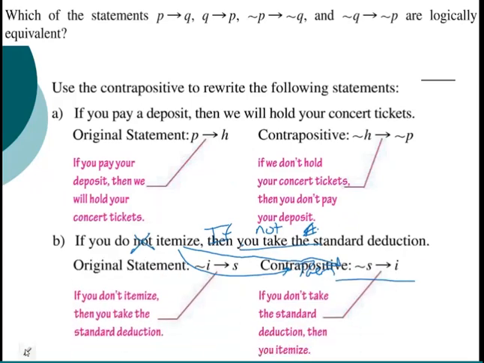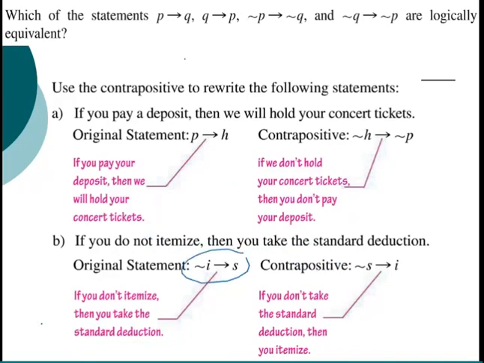So let's take a look at the actual notation. So that's the not here of the original statement, the not of the hypothesis, then the conclusion. So when you trade places here, you would get the not of the conclusion and then the original hypothesis. So these are equivalent statements here. If you do not take the standard deduction, then you will itemize.